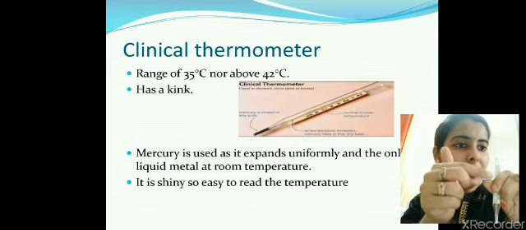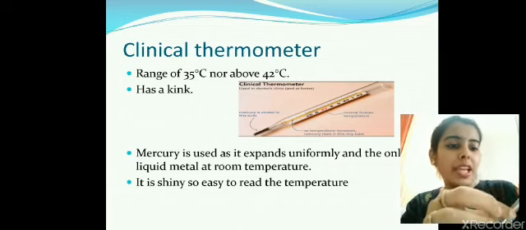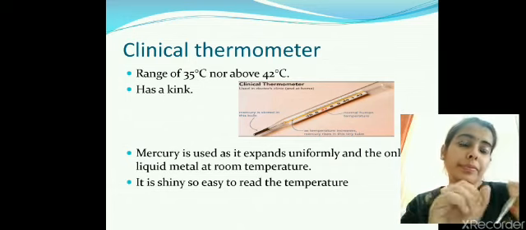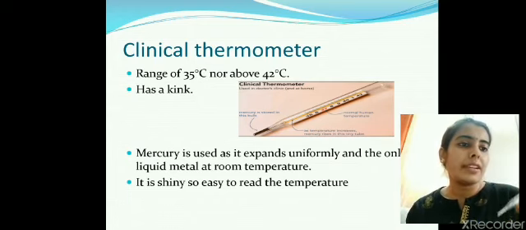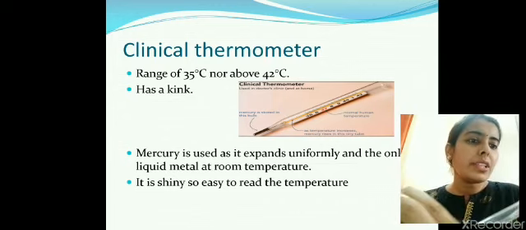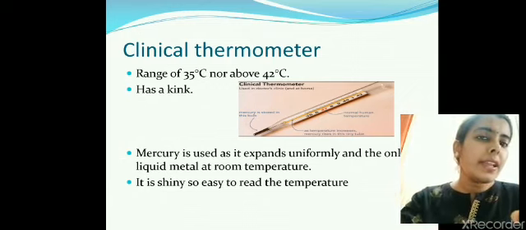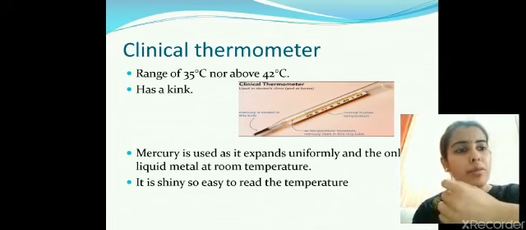So it will rise. Now when you take it out of the mouth, the mercury would go down because the temperature of your body is different and the temperature outside, that is in your room, is different. That is why it is provided with a kink. Now what is the kink here? A kink is a bend or a constriction in the thermometer tube.